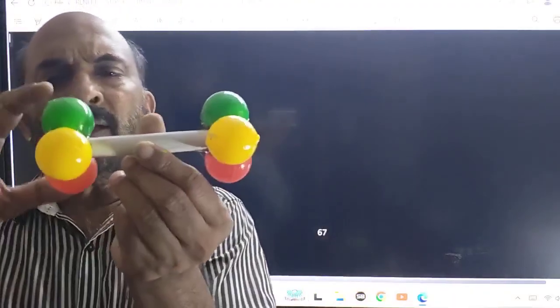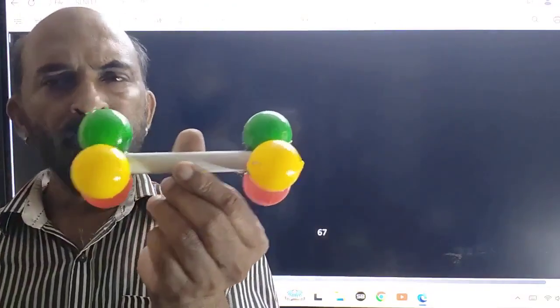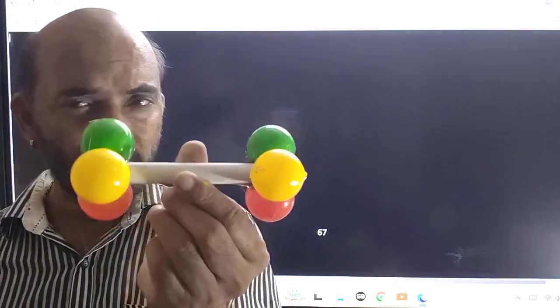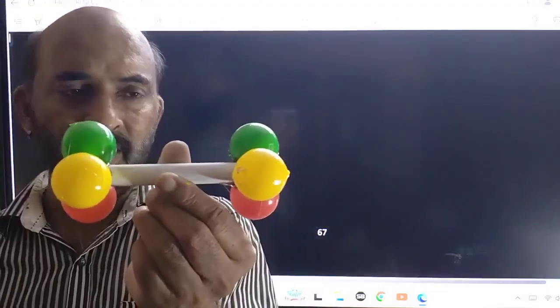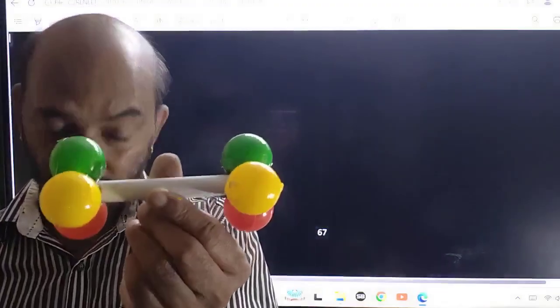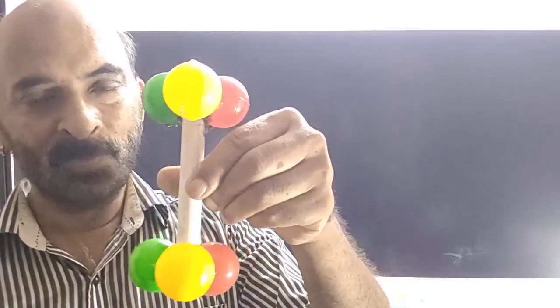Let green be hydrogen and red be CH3. If it is cis-2-butene, and suppose the attaching group comes from the same side and attaches like this, on the same side, what you get is erythro, isn't it?